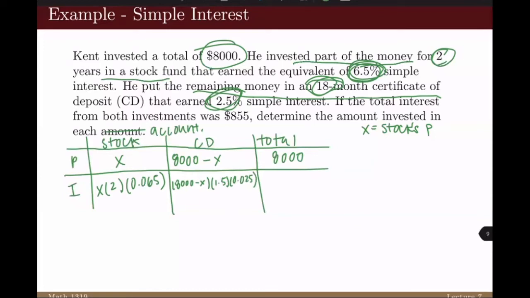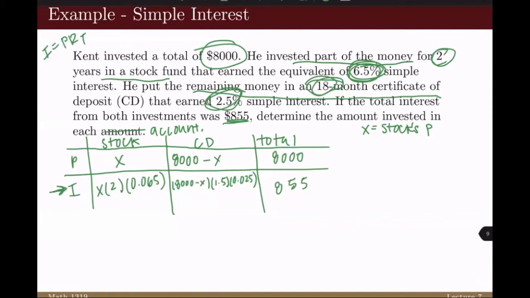And then it says the total interest earned from both investments was 855, so it's 855. And I didn't specify this, but for this row, I'm using I equals PRT to find those numbers. That was my bad. Okay, so let's go ahead and move forward.